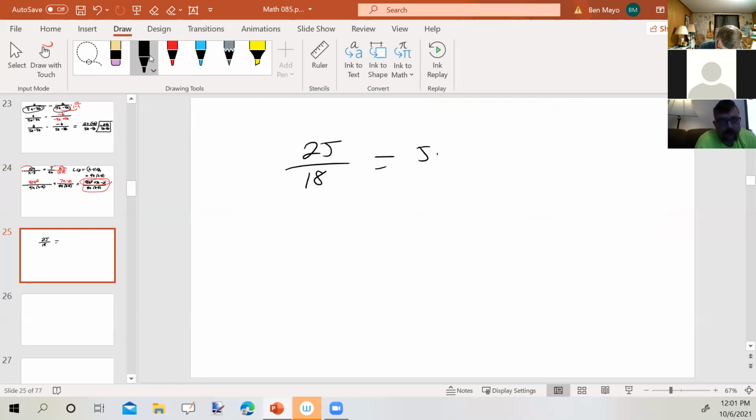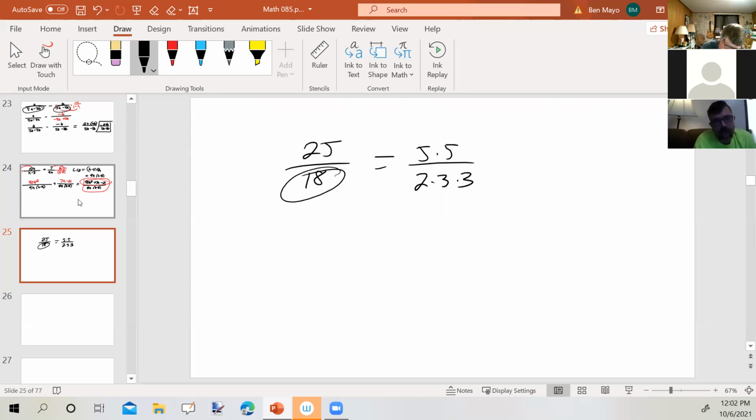Well, 25 is 5 times 5. Now, I could do the prime factorization of 18, or I could say, 5 is not a factor of 18, right? So even if I go to all this trouble, it's not going to reduce because they don't share common factors. So I'm looking for common factors.